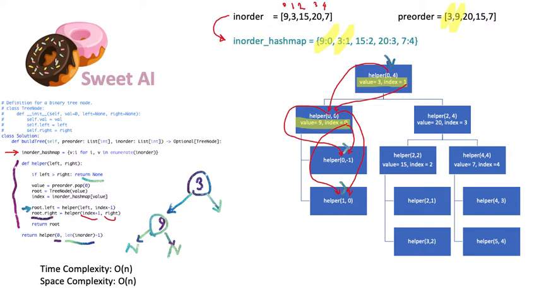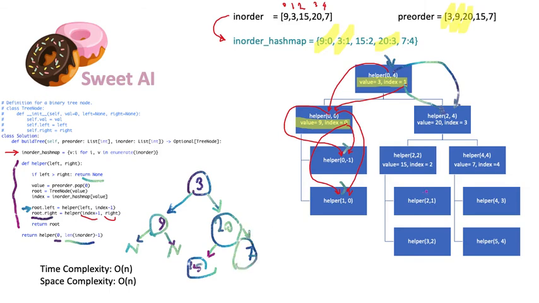Now we are going to do this for 2 and 4, where 2 comes from here and 4 comes from this side. We pop the 20, check the index, and create node 20 here, then check the left side and right side. 15 is going to be created here, and 7 is going to be on the right side.